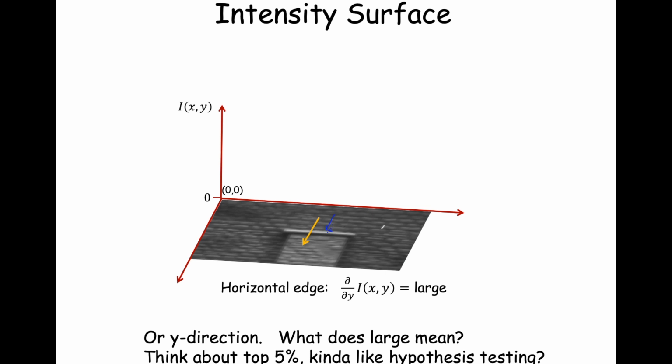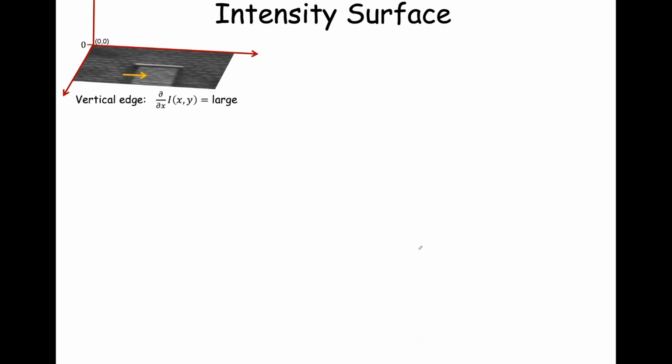This is like hypothesis testing, and it exactly is a form of hypothesis testing, where we're using this idea of what it means to be atypical in a distribution to extract useful descriptors of an image. And so we have our edges, and a vertical edge is nothing more than a large value for the partial derivative along the x direction scan line for the intensity surface.